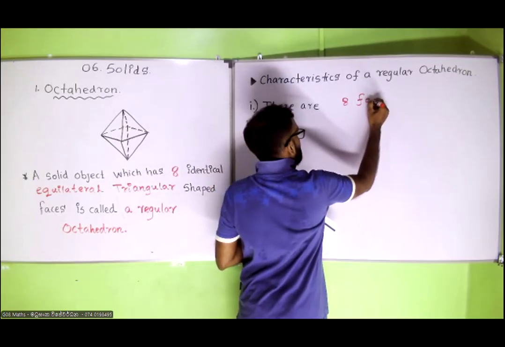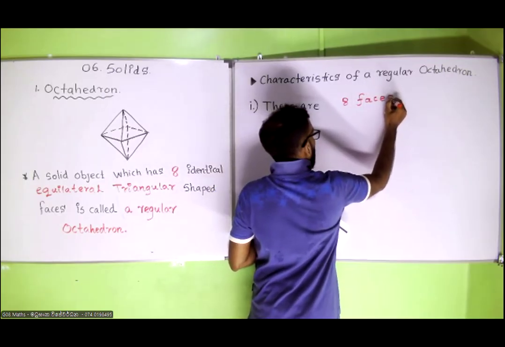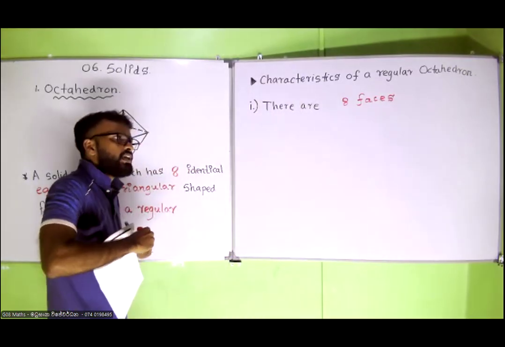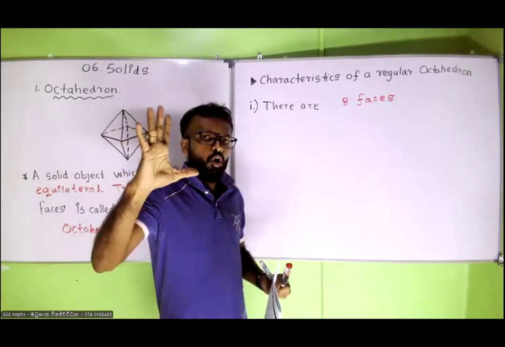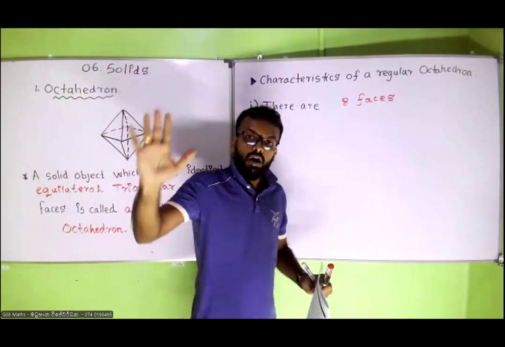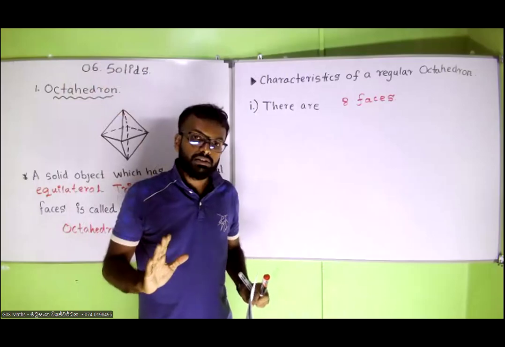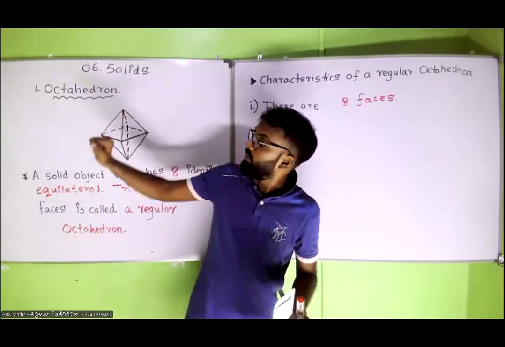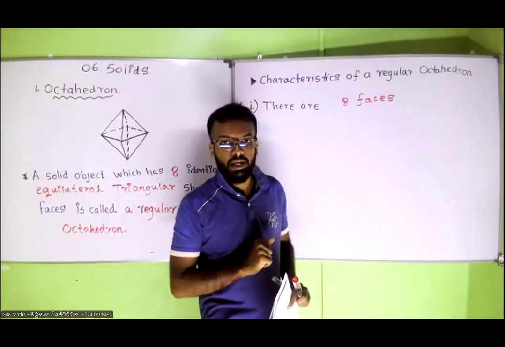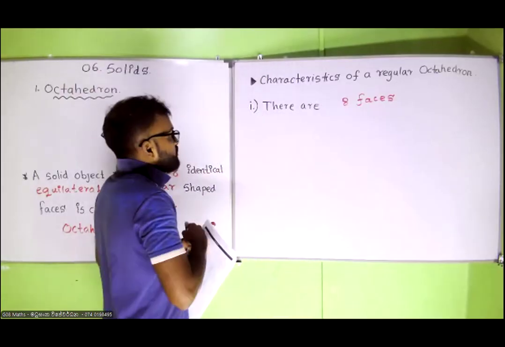You need to remember these things, okay? And you need to remember this, guys. In your exams, they will ask directly how many faces are there for an octahedron, how many vertices, how many edges are there for a regular octahedron, and so on. You need to remember that. Okay, so second one.